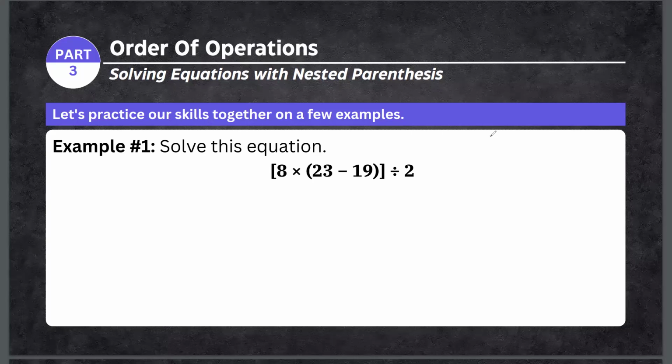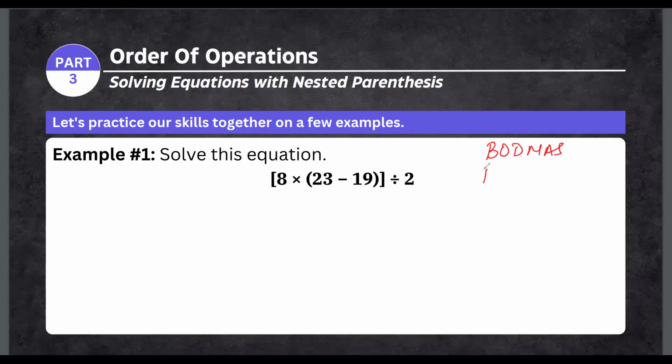As I told you, we have BODMAS in India, PEMDAS in US and UK, as well as in Dubai. So what these stand for, first of all, let's learn about this. B stands for bracket, O stands for order, D stands for division, M stands for multiplication, A stands for addition, and S stands for subtraction.